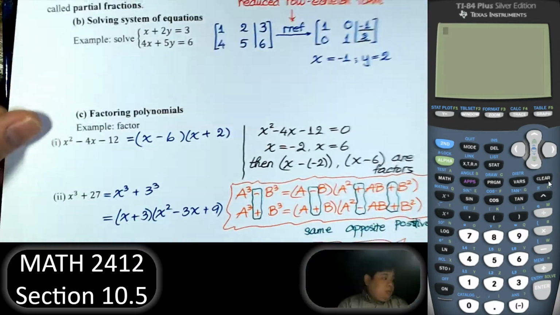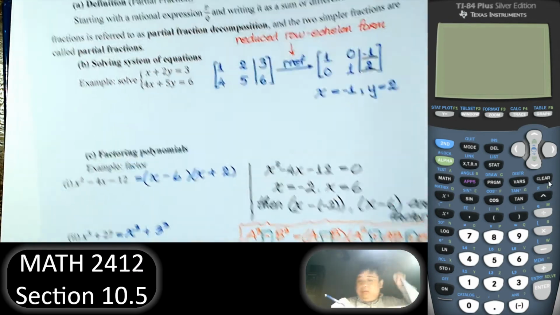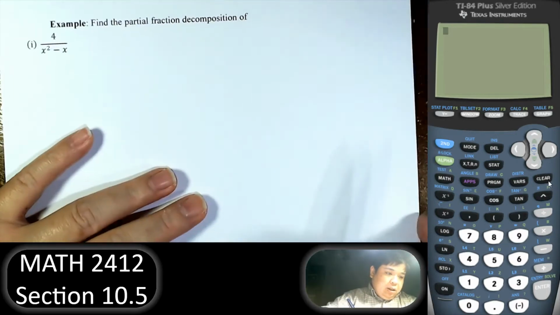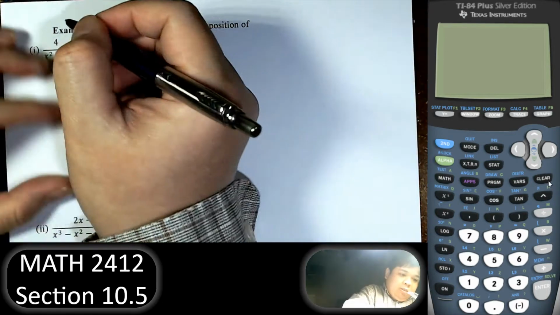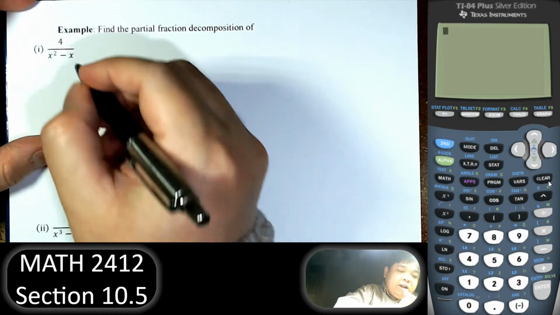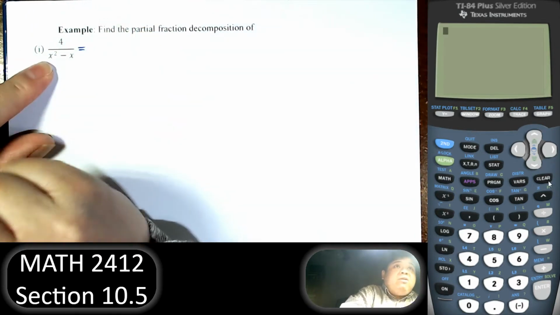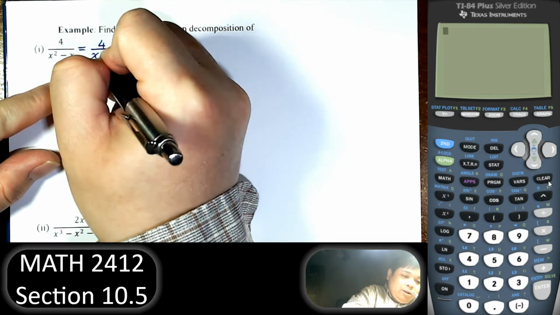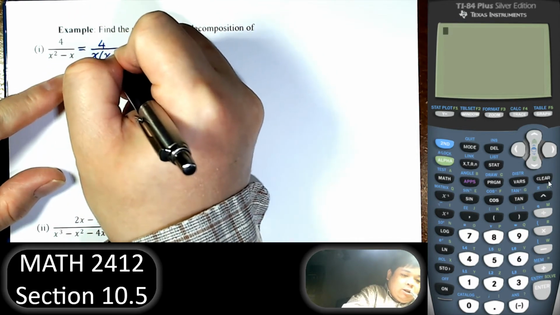So let's look at the first example and see what I mean by that. I'll find the partial fraction of this. First we can factor out x, and then we have x minus 1, right?